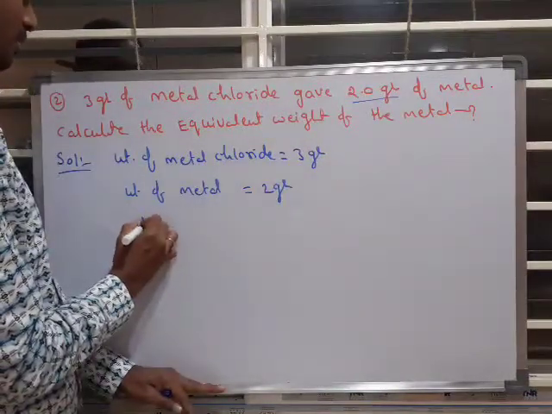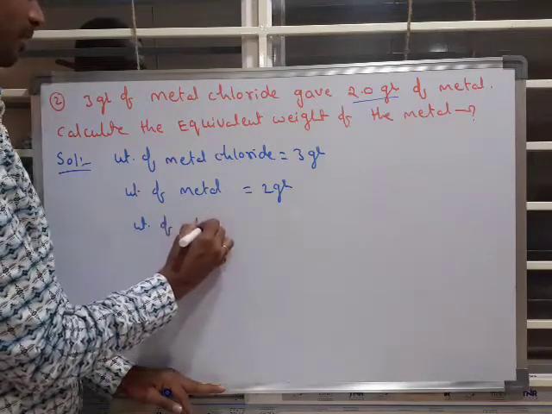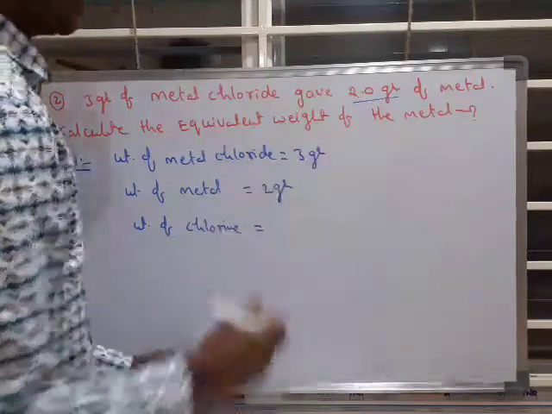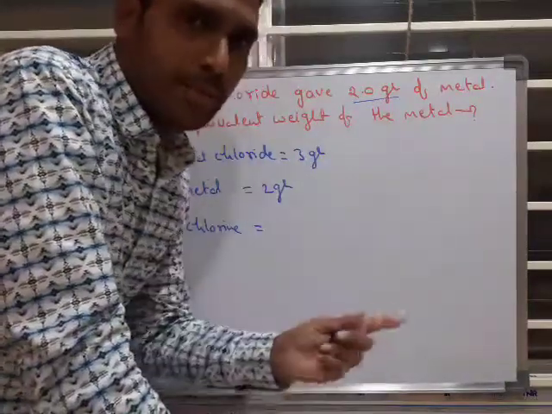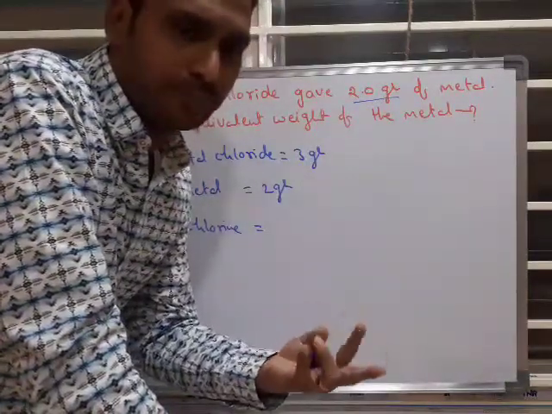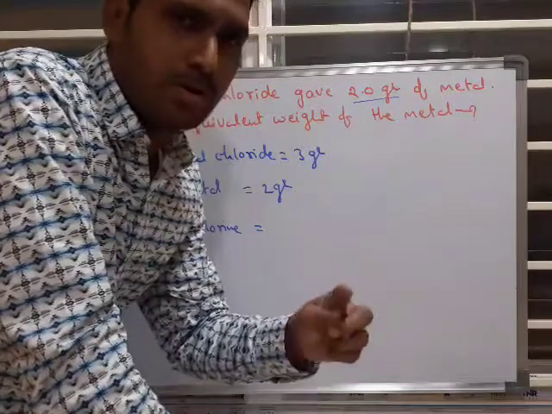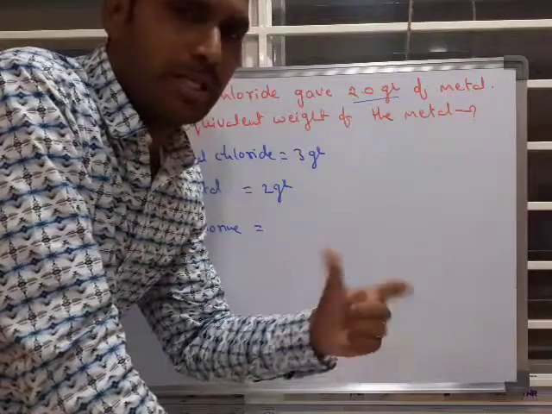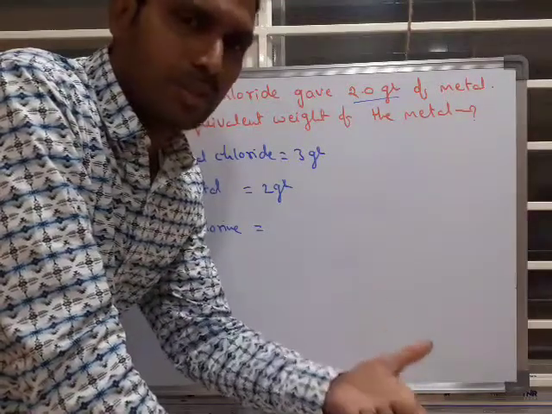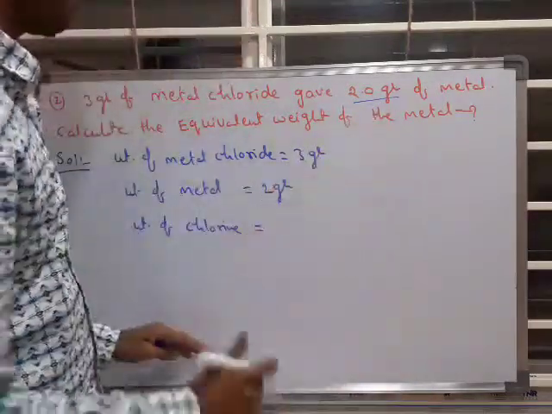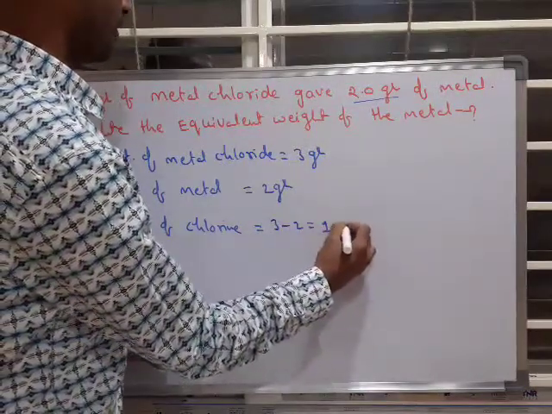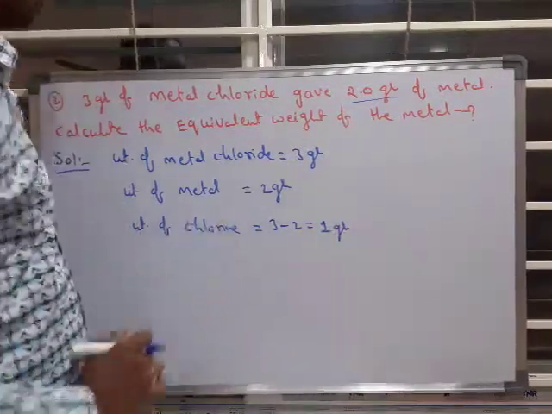Then what is the weight of chlorine? We know that metal chloride on decomposition gives metal plus chlorine. In the last reaction metal oxide gave metal plus oxygen, but here metal chloride gives metal plus chlorine. Metal is 2 grams, so the remaining is 3 minus 2, equal to 1 gram. So weight of chlorine is 1 gram.